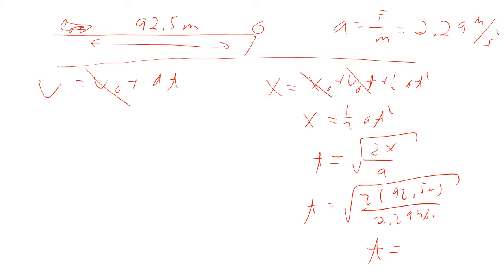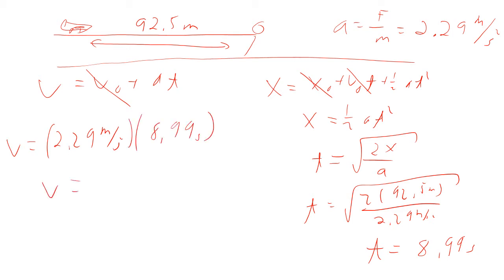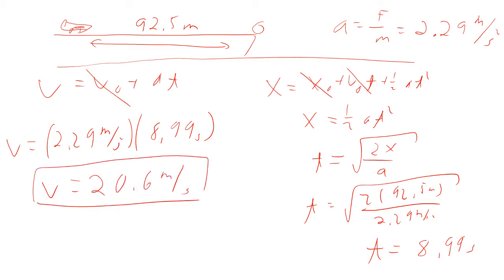So it takes 8.99 seconds to reach the bow of the ship. So the velocity is going to be 2.29 meters per second squared times 8.99 seconds, which is 20.6 meters per second. That's nowhere near minimum airspeed, so the jet just splashes into the water in front of the carrier.